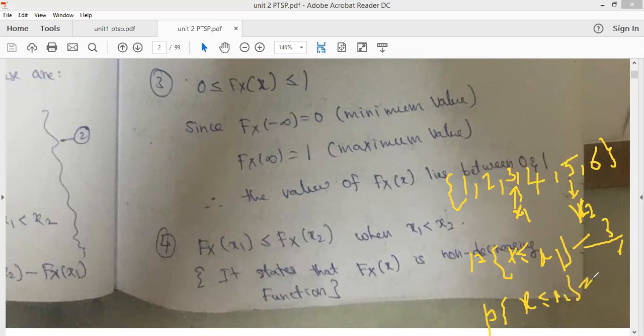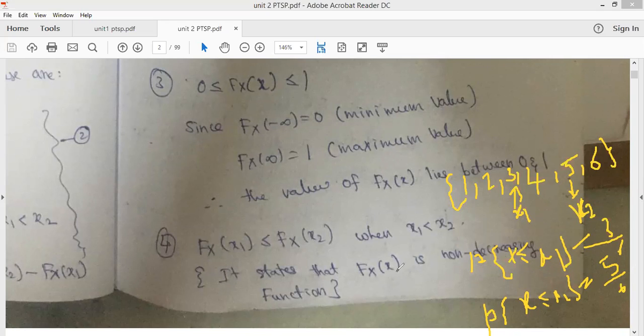Here it is 1 by 6 plus 1 by 6 plus 1 by 6 plus 1 by 6 plus 1 by 6. So it is 5 by 6. So the probability of x less than or equal to x2 will be always greater than the probability of x less than or equal to x1.